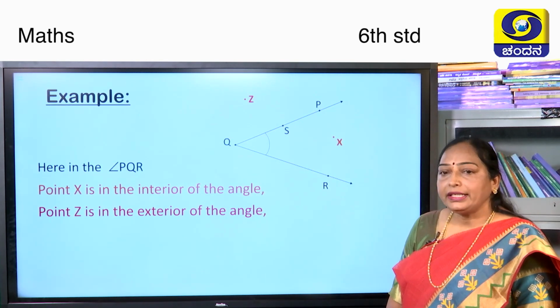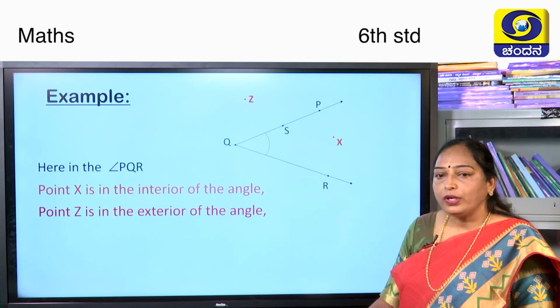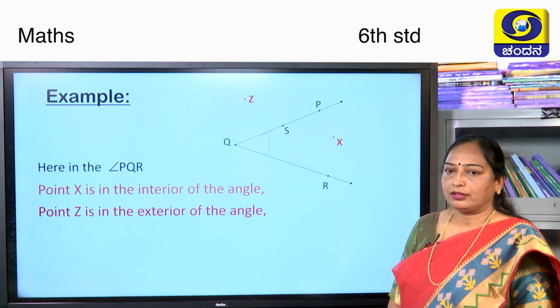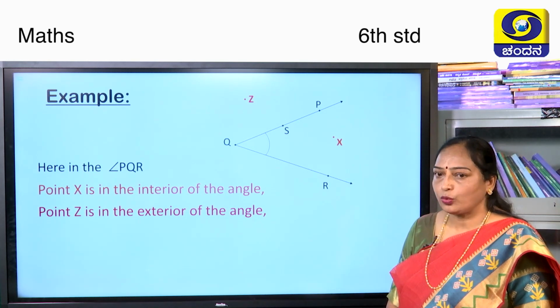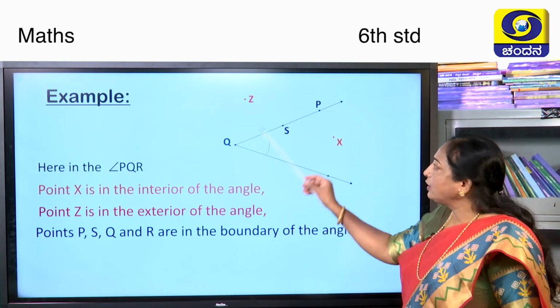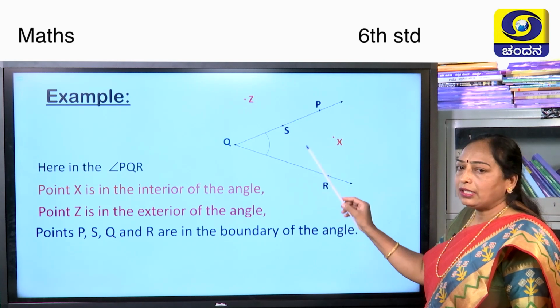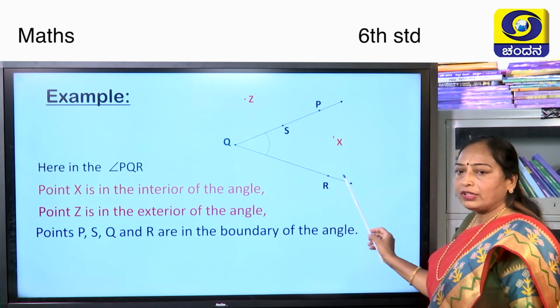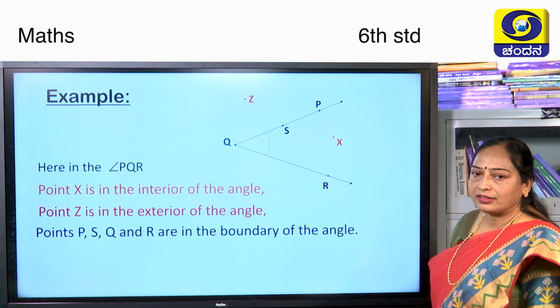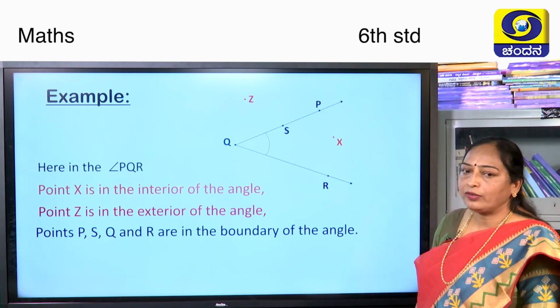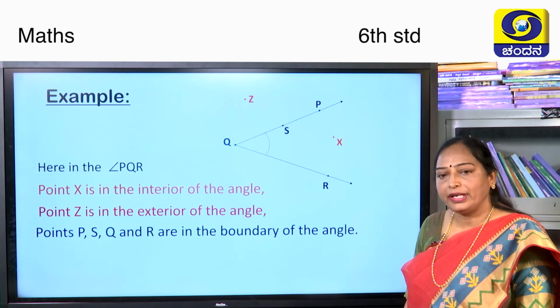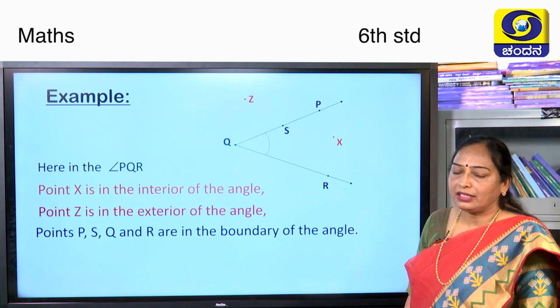Which points are situated on the boundary of the angle? Yes, you are right. Points P, S, Q and R are on the boundary of the angle. Did you understand? How do we say the position of the points in the angle?